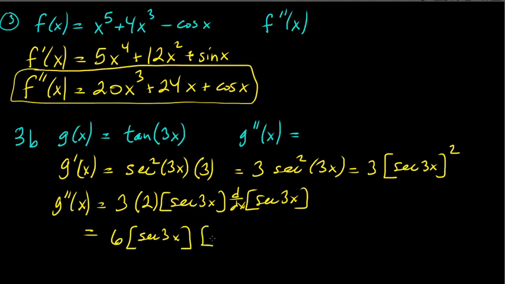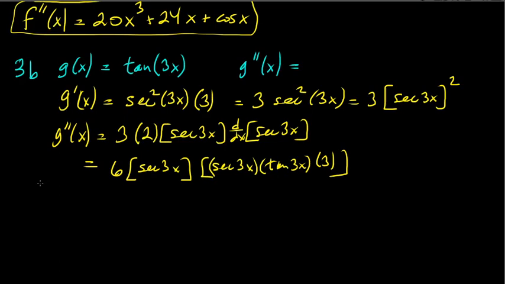And then the derivative of secant is secant times tangent. But again, the derivative of 3x is 3, so we need another 3 here. And then 3 times 6 is 18. And notice we're going to have secant 3x times secant 3x, so that's secant squared of 3x times tangent of 3x.